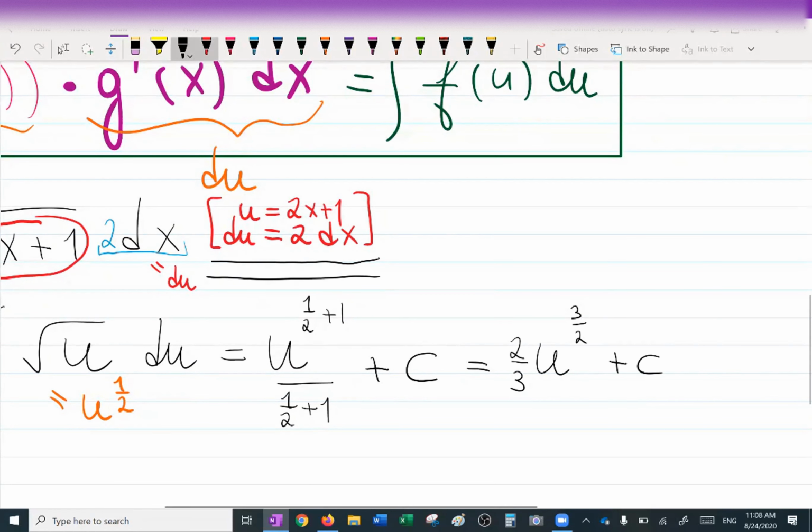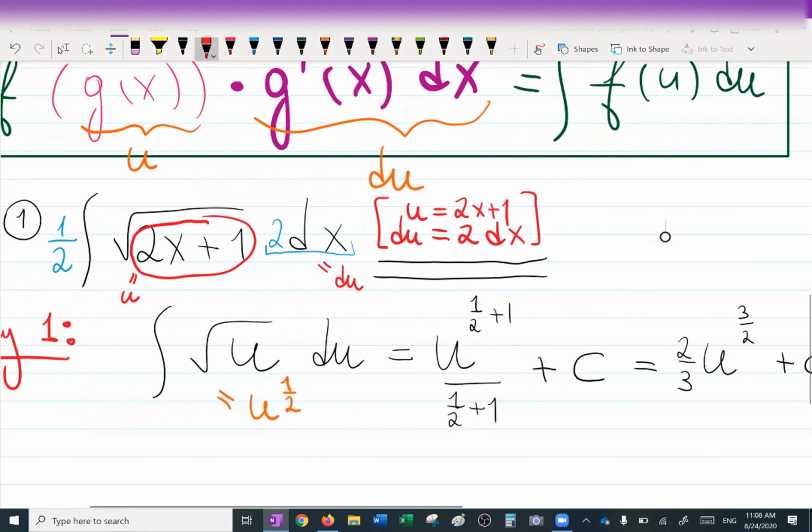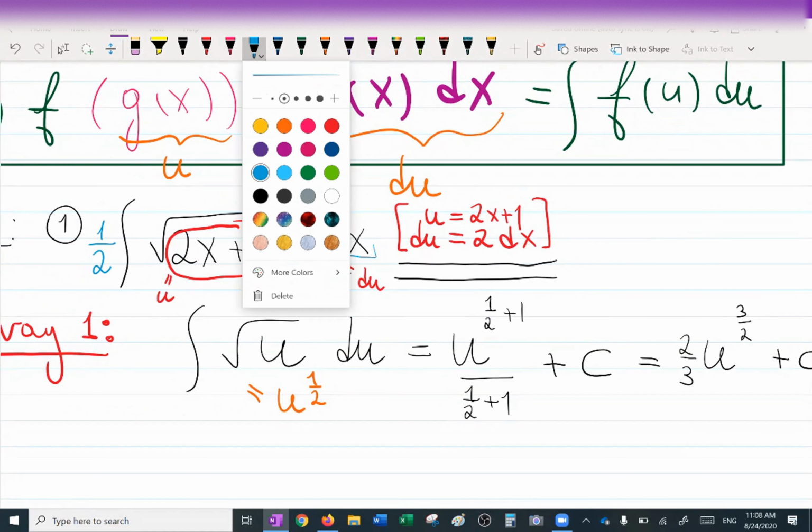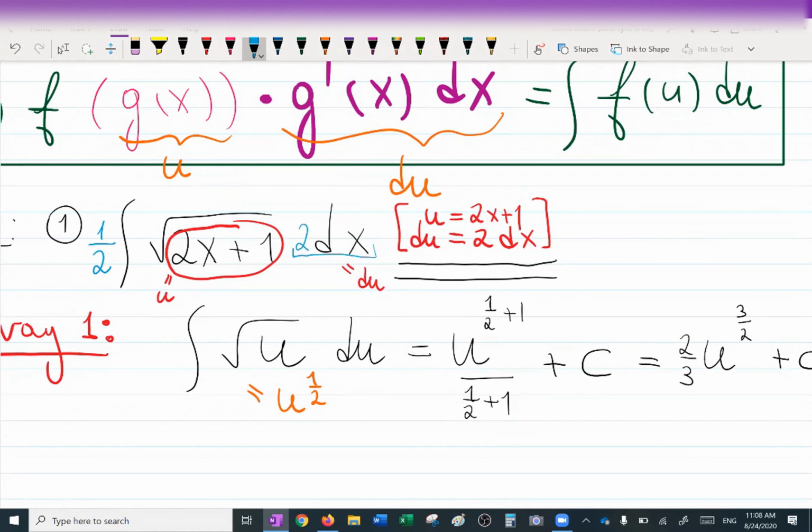There's one mistake in these calculations. Did anyone point it out? It's a mistake which will be important, so I want you to remember it. The integral is square root of u du, and there's this extra 1/2 in front of it.